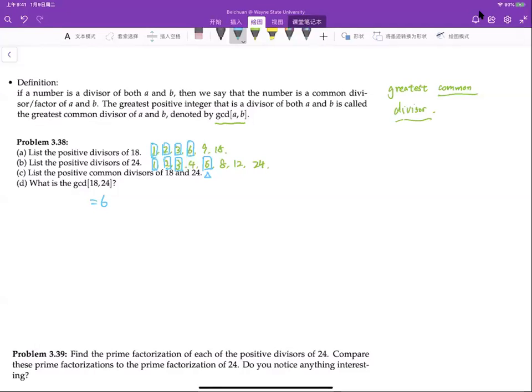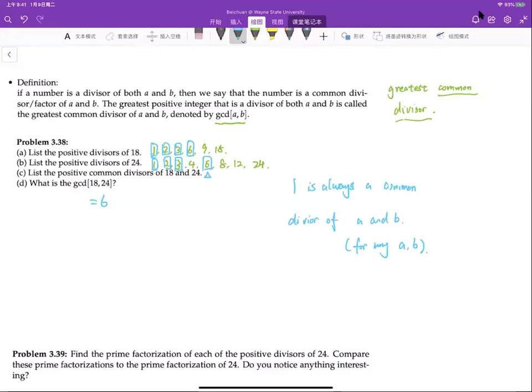At least 1 is always a common divisor of A and B, for any A and B. No matter what the two integers are, 1 is always a common divisor.